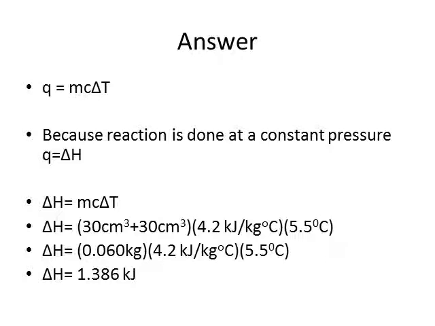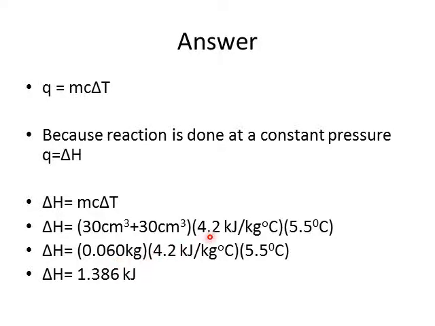That reaction mixture then forms water. So we know for water that 1 gram is approximately equal to 1 centimeter cubed. So we can convert our volume into grams. We then want to convert that into kilograms. So 60 grams is equal to 0.06 kilograms.